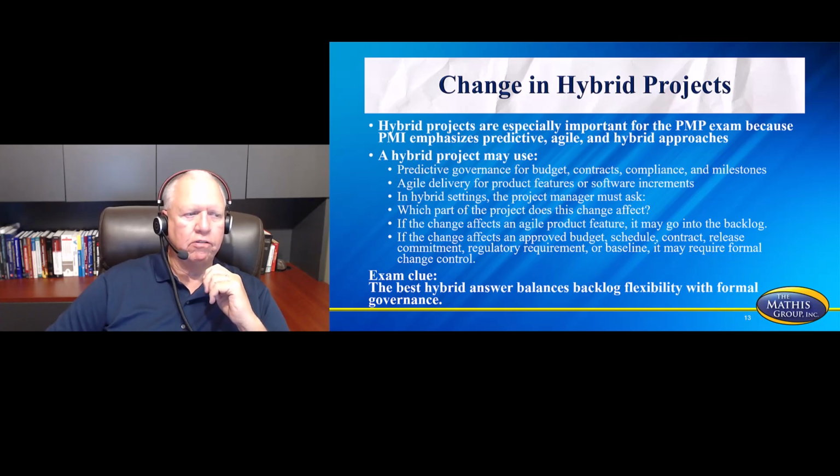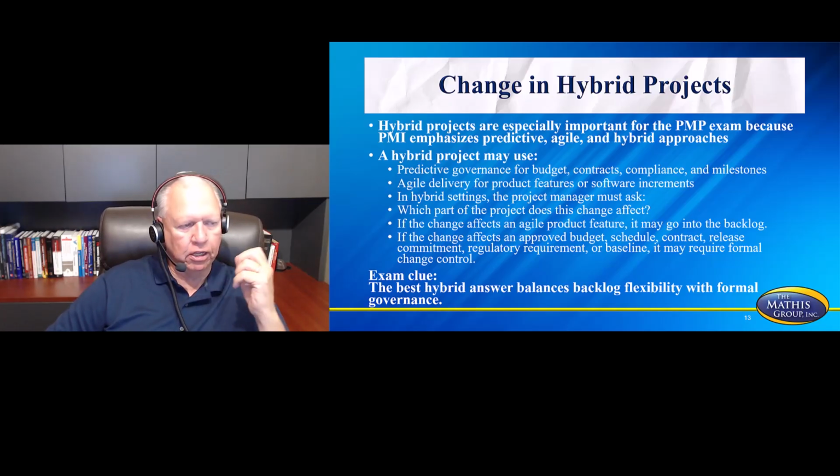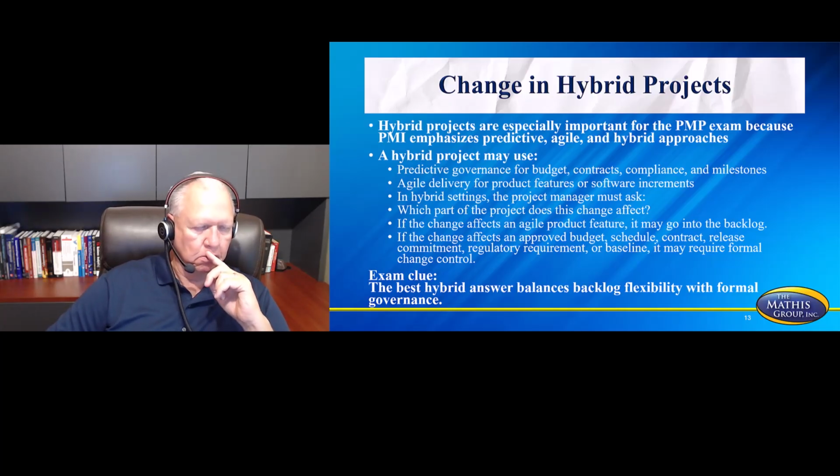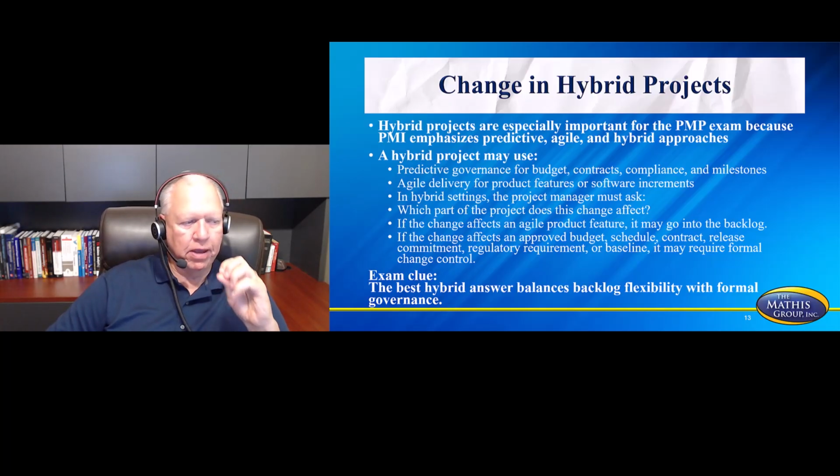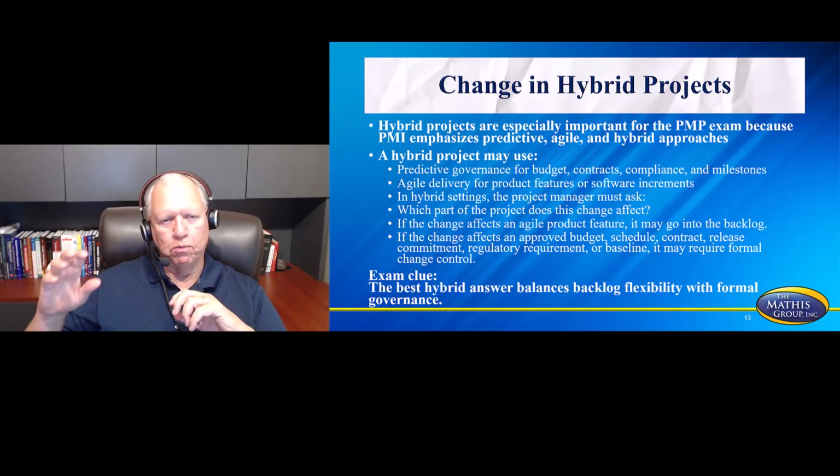In hybrid settings, the project manager must ask which part of the project this change affects. If a change affects an agile product feature, it may go into the backlog. If the change affects an approved budget, schedule, contract, release commitment, regulatory requirement, or baseline, it may require formal change control. An exam clue for this is that the best hybrid answer balances backlog flexibility with formal governance.